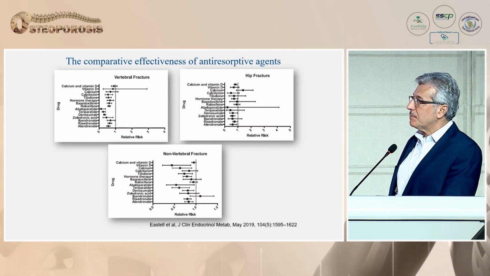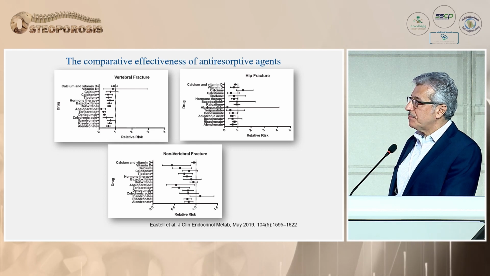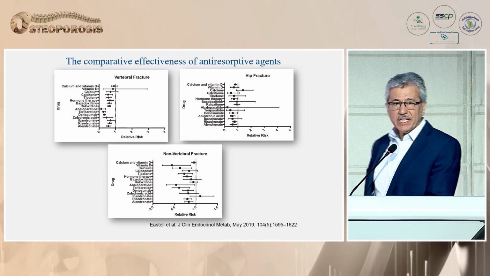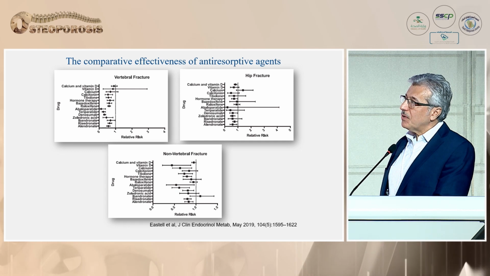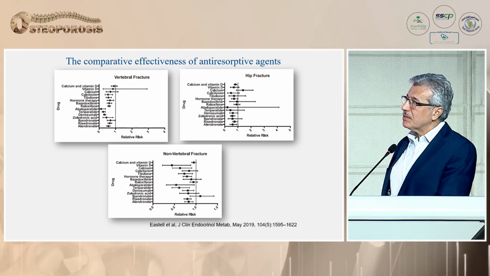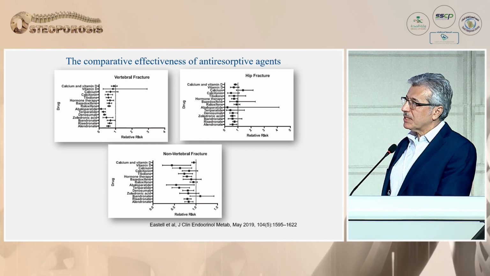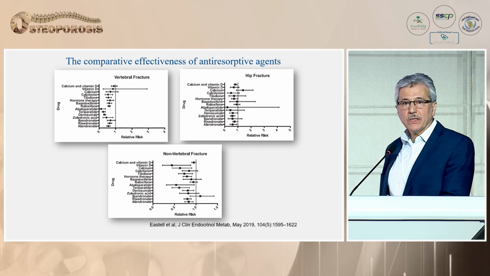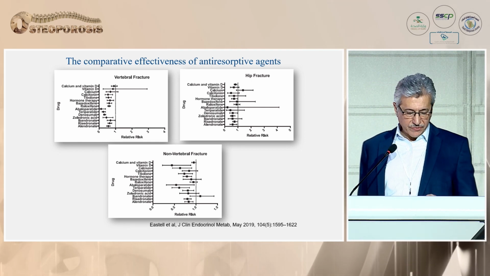Denosumab has probably the best evidence, followed by zoledronic acid, followed by the oral bisphosphonates. When it comes to the hip, the evidence is less. Although all those agents I mentioned do have evidence for hip, except, of course, ibandronate, the effect is very much similar in all those agents. They're not so much different in terms of efficacy.